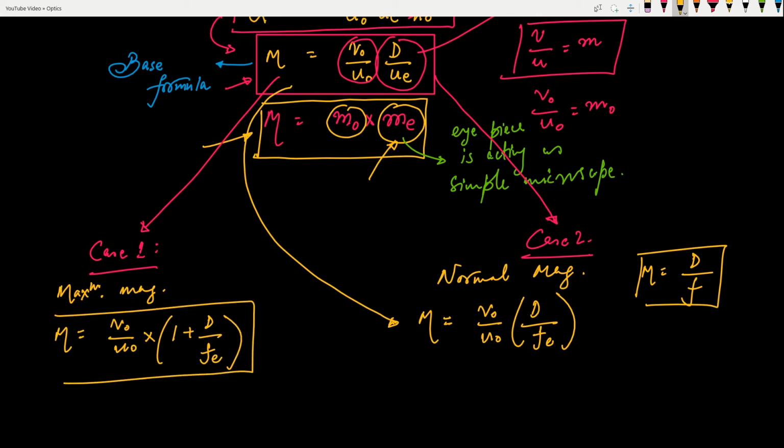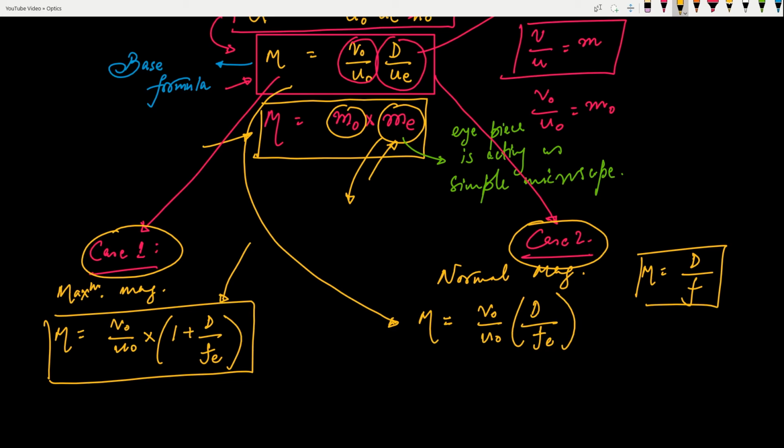So everything remains the same, just change the magnification of the eyepiece accordingly. When maximum magnification is attained, the eyepiece is acting as case 1, and whenever there is normal magnification, the eyepiece is acting as case 2. I hope this is clear. I won't derive this because I have already derived it in the case of the simple microscope.